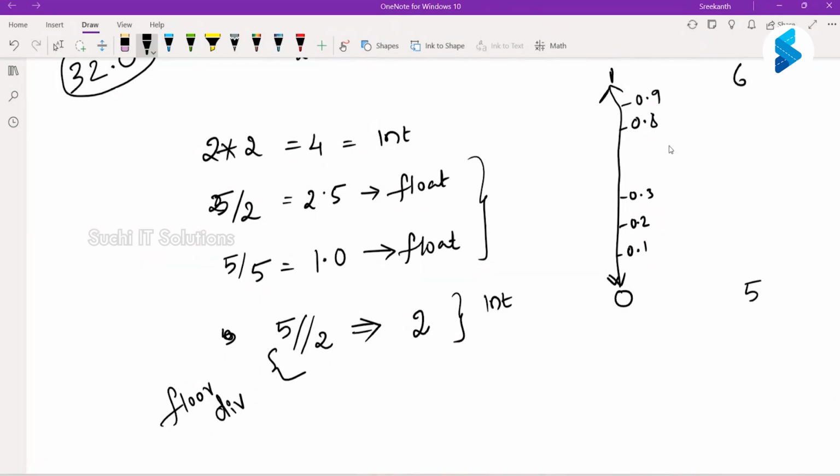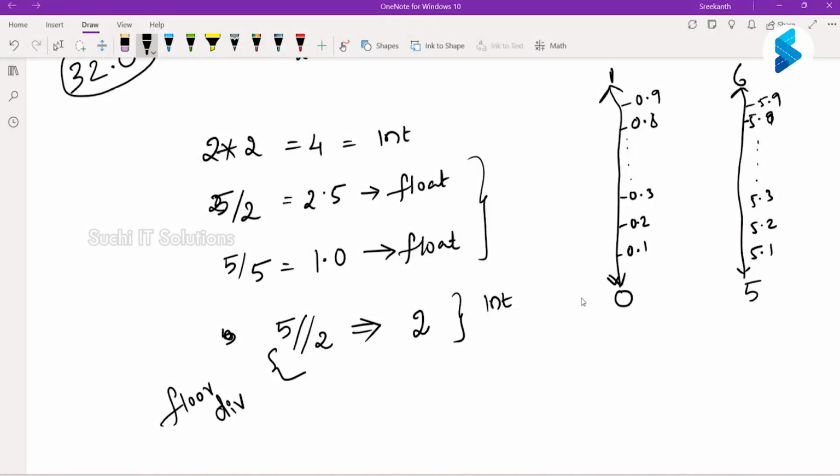Okay, these are all the decimals that we can see between 0 and 1. So between 5 and 6 would be something like 5.1, 5.2, 5.3, 5.9 and then 6, right?